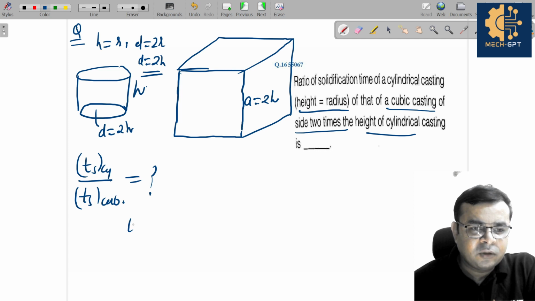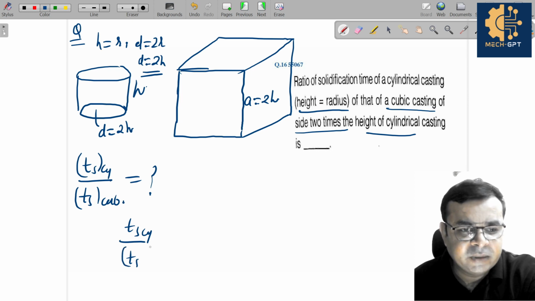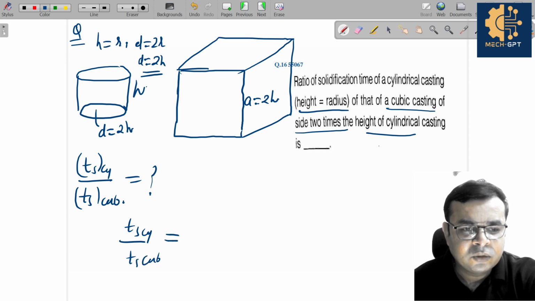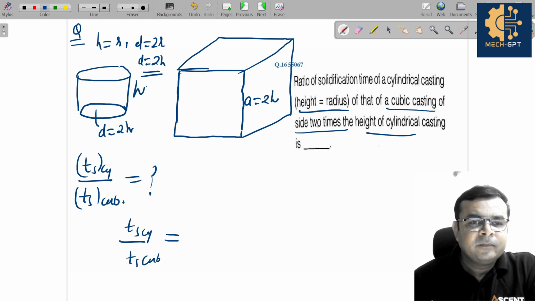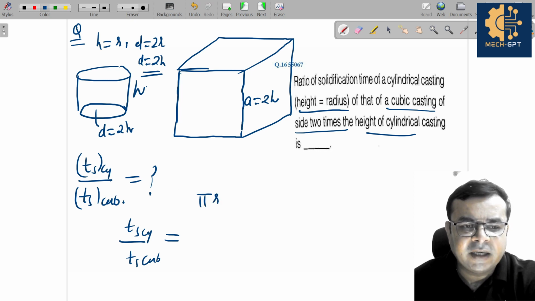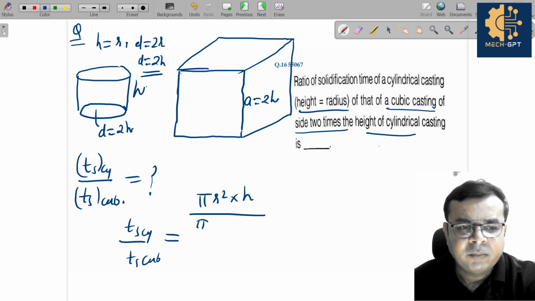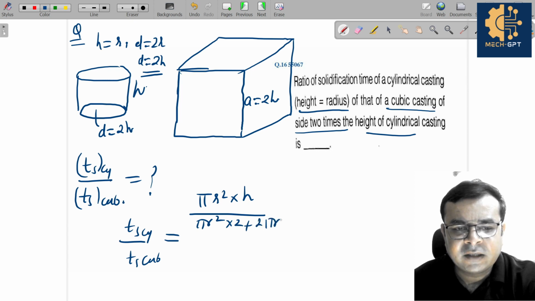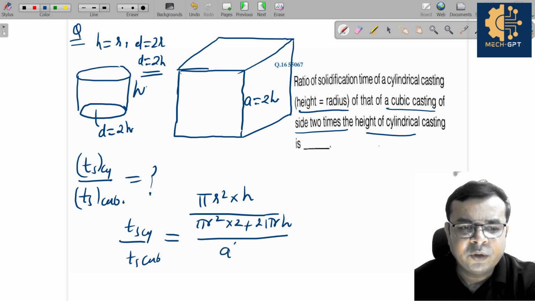So the solidification time of the cylindrical casting over the solidification time of the cubical casting is nothing but, simply, if I write in terms of radius, pi r square into h over pi r square into 2 plus 2 pi r into h, over a cube.